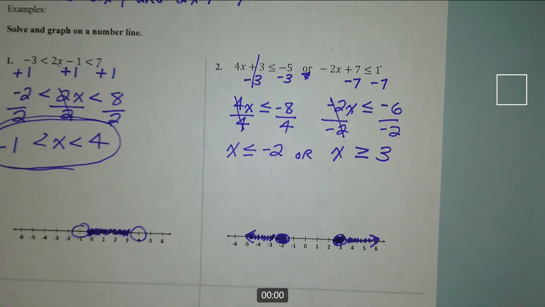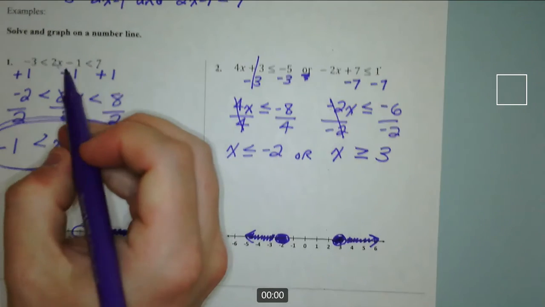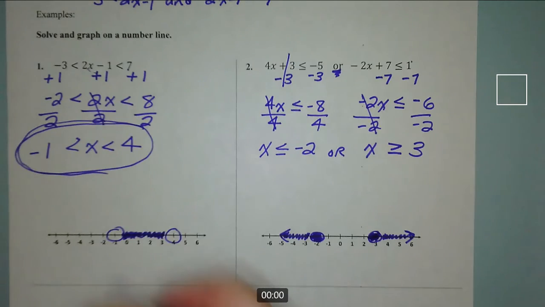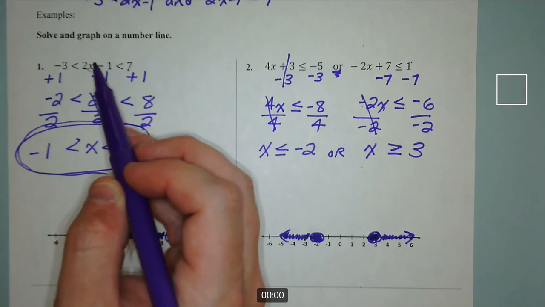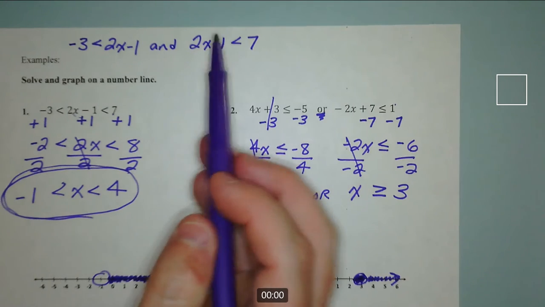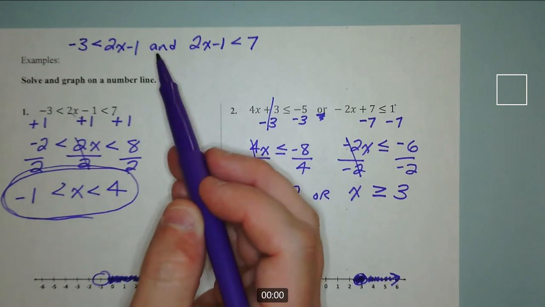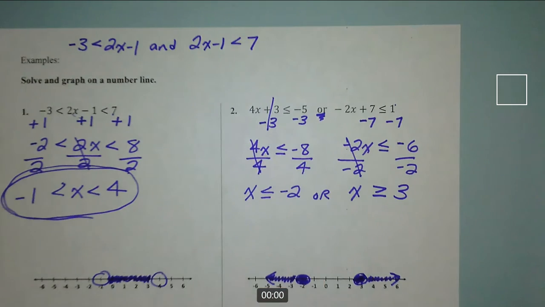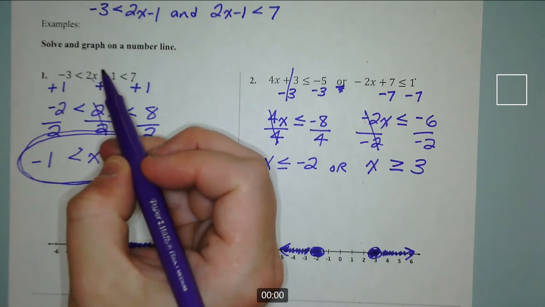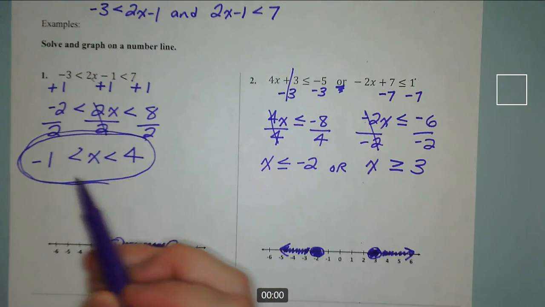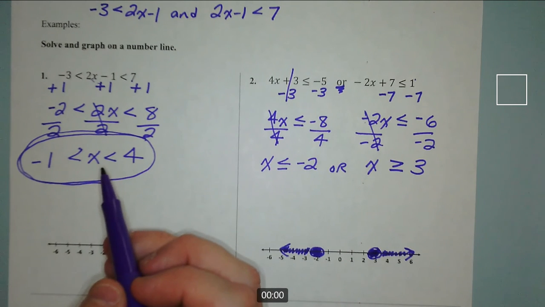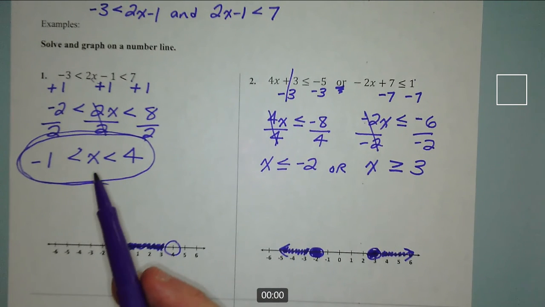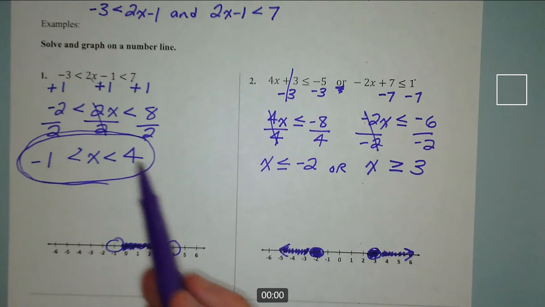To summarize so far, in an AND situation, the inequalities are probably already going to be smushed together like this. You could break it up into two totally separate inequalities with the word and, but you can just solve for x in the middle, get a final answer like this, and this always just means everything in between -1 and 4.